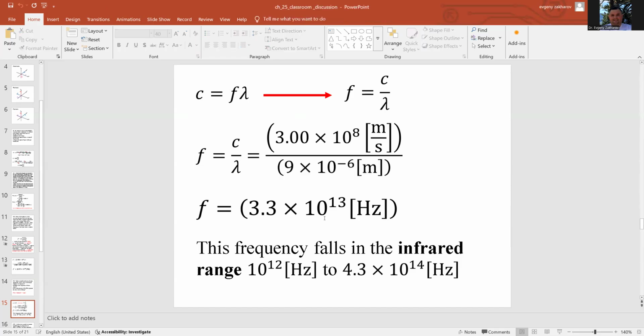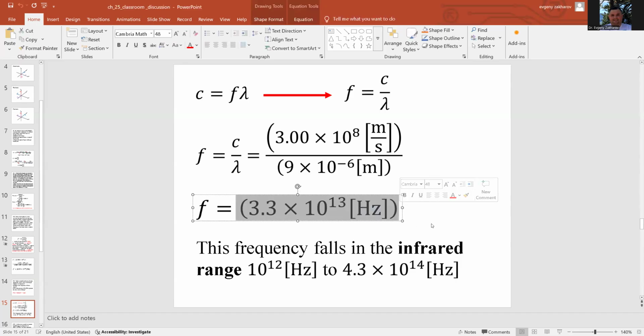So you get 3.3 times 10 to the power of 13 hertz. Remember, hertz, once again, is the frequency, meaning how many times your wave goes up and down in 1 second. So this is a crazy number, but that's what it is. The radiation from your body, that electromagnetic wave, oscillates up and down hundreds of trillions of times in 1 second.